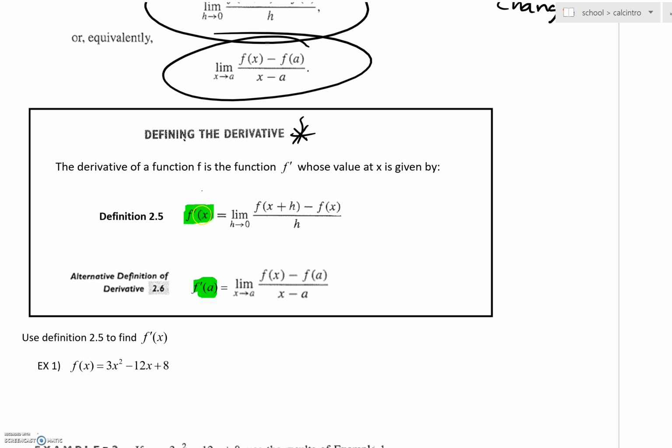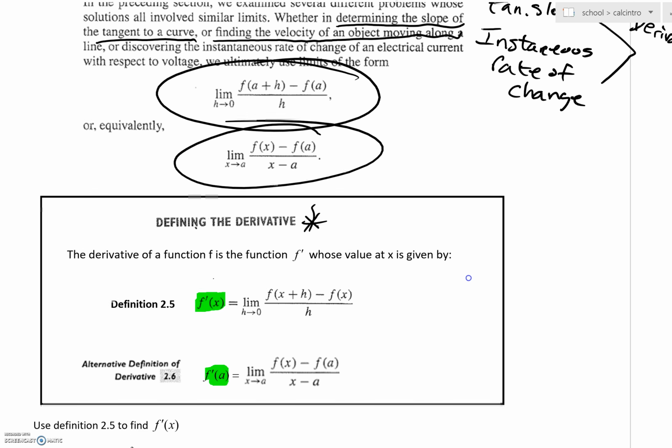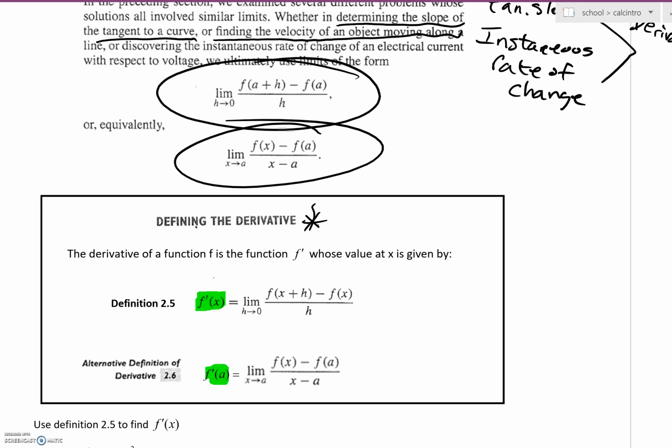Now, what kids are going to notice immediately is they're going to make a comparison and say, now wait just a second. Right here, you had this limit and you had a everywhere. And I'm looking right here and it's just x's. Guys, it's all the same at the end of the day. Remember, a was an x value, wasn't it? So wherever you had an a, you could replace it with whatever variable you would like.